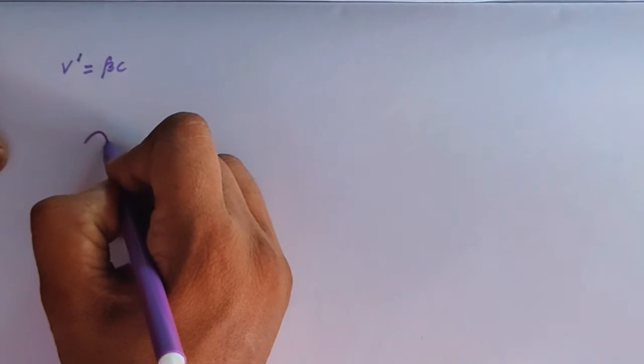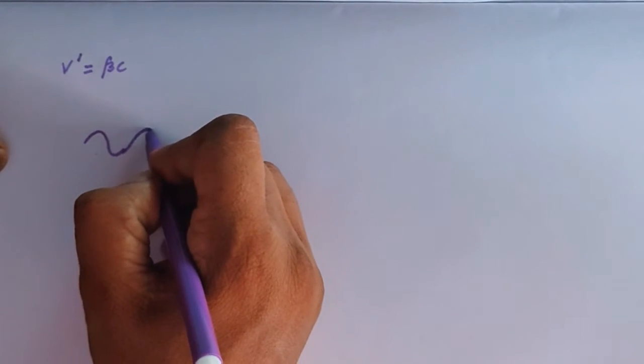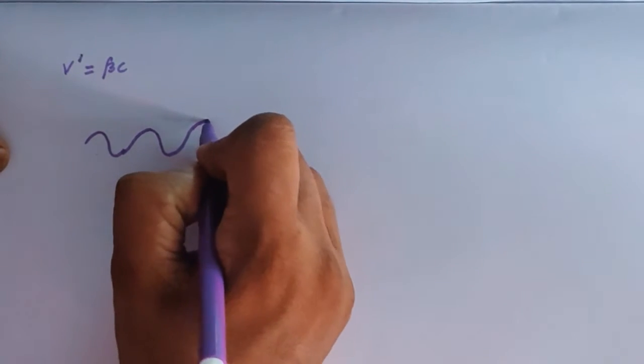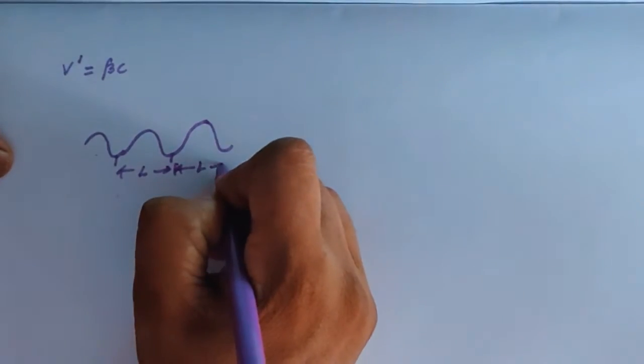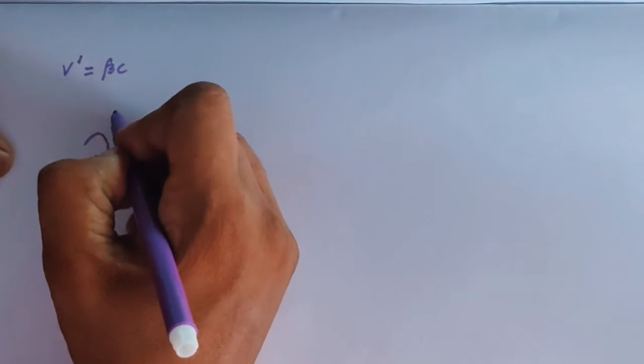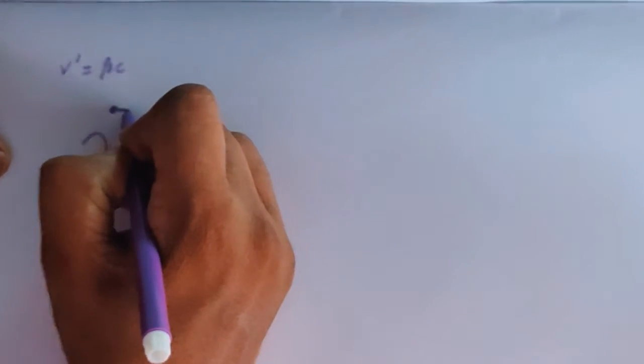Here actually it is given that the distance between the troughs is L, as well as here also it is L. The point charge is moving, this is given like that.